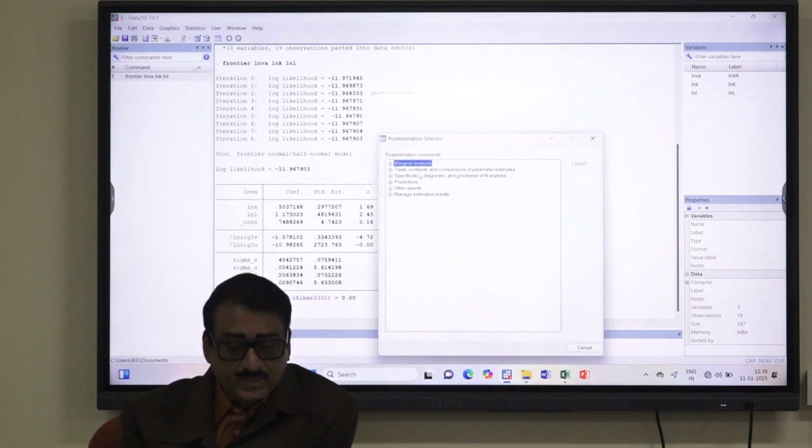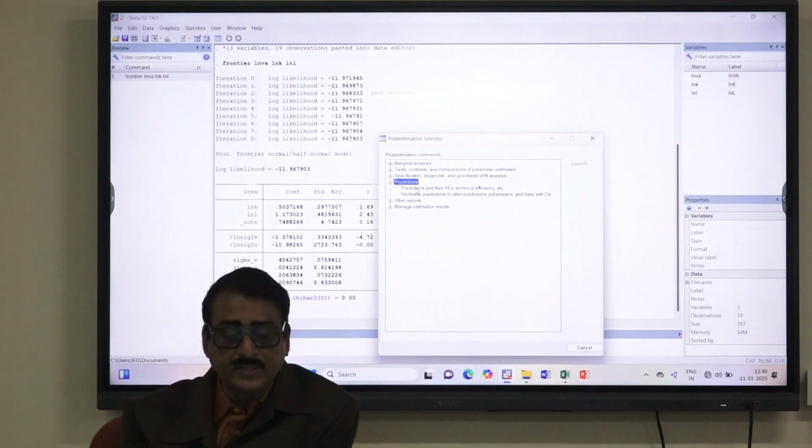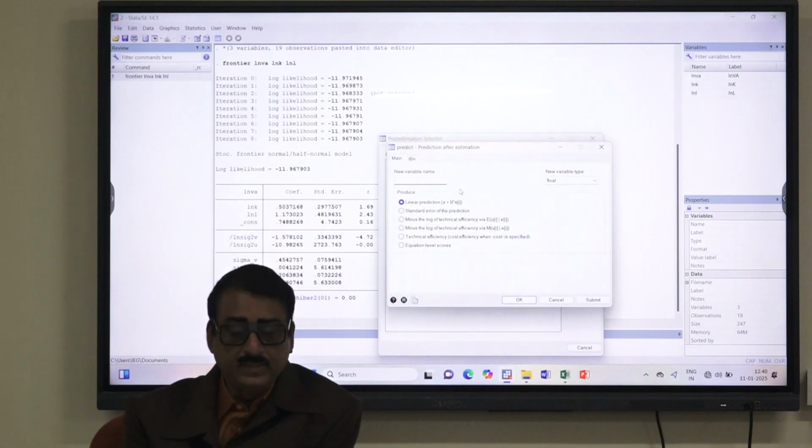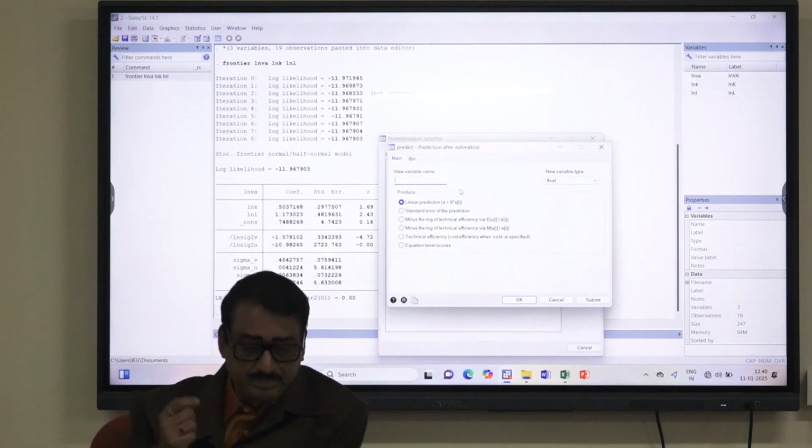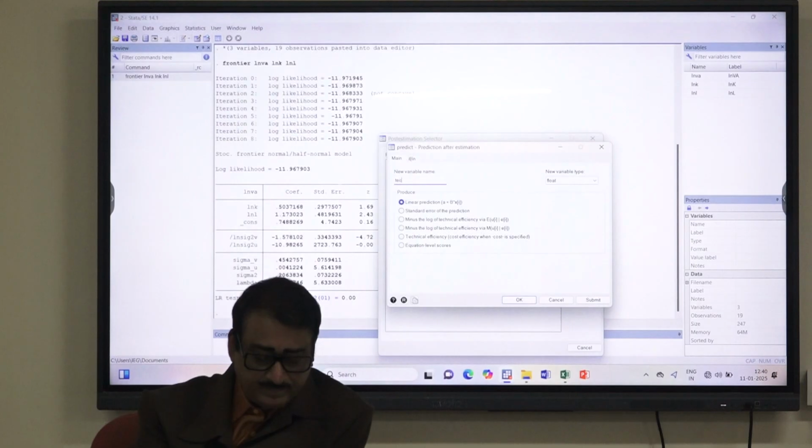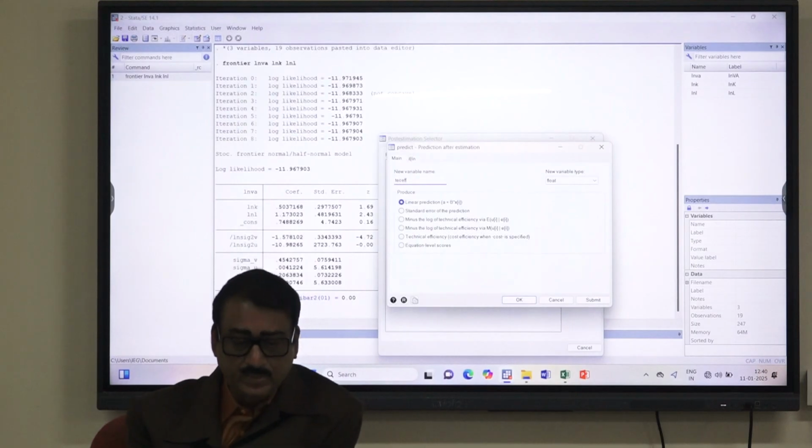In the post estimation menu, I say I need predictions. This is predictions, and their standard is technical efficiency, etc. Okay. So I say this. Then it's asking me the variable name. So let's say techF. TechF is my variable.